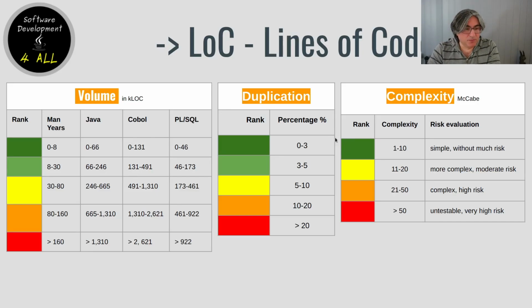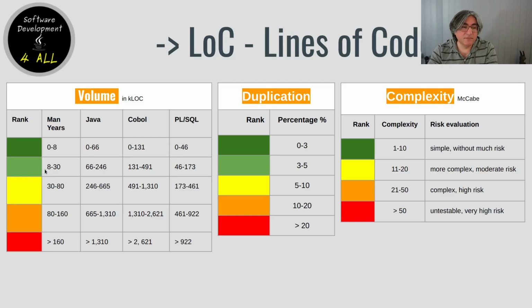So in volume, when you're talking about Java code and it is 0 to 66,000 lines of code, then you're basically in the green because the man years are lower. So when you're analyzing code or changing code or working with code, then this is in the green.